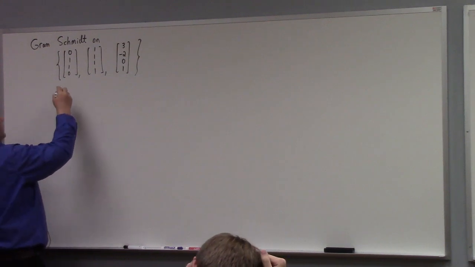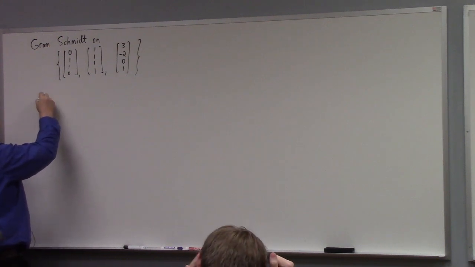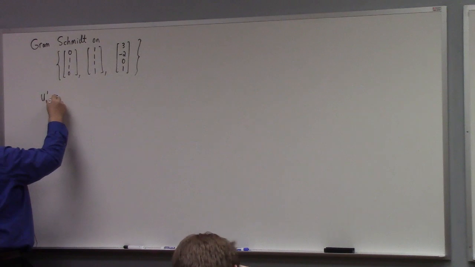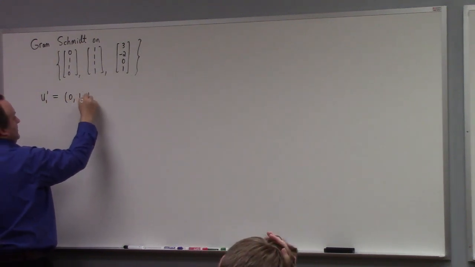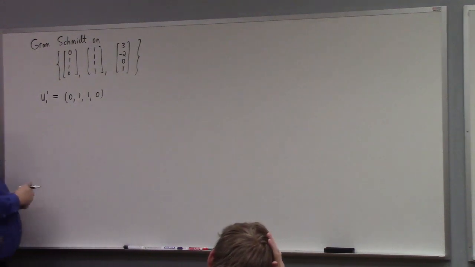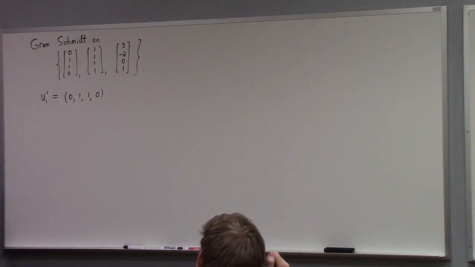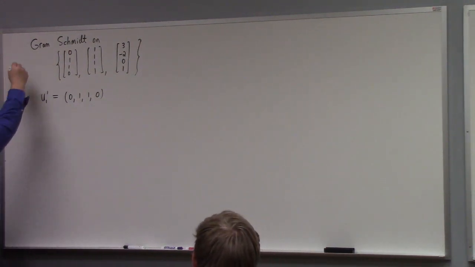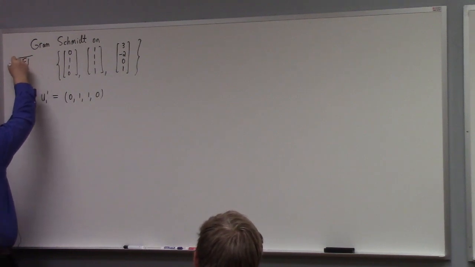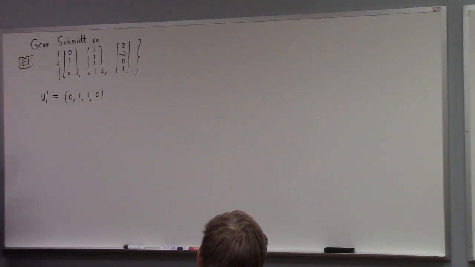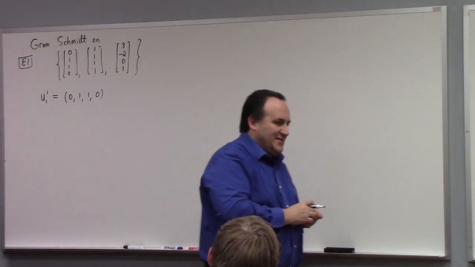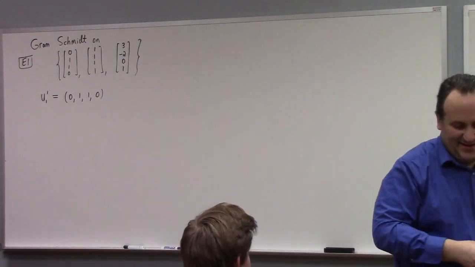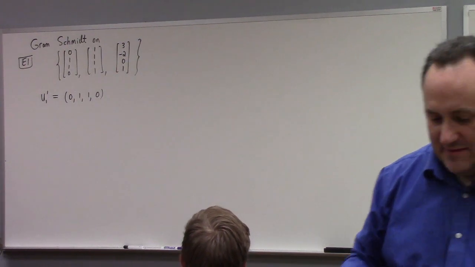So here goes. First of all, u1 prime, I'm just going to say is the first vector. By the way, the first time I did this calculation, I had the vectors such that the 1, 1, 1, 1 vector was first, and no matter how many times I do it, I can't get it to work out. And it's dumb because it's just arithmetic.